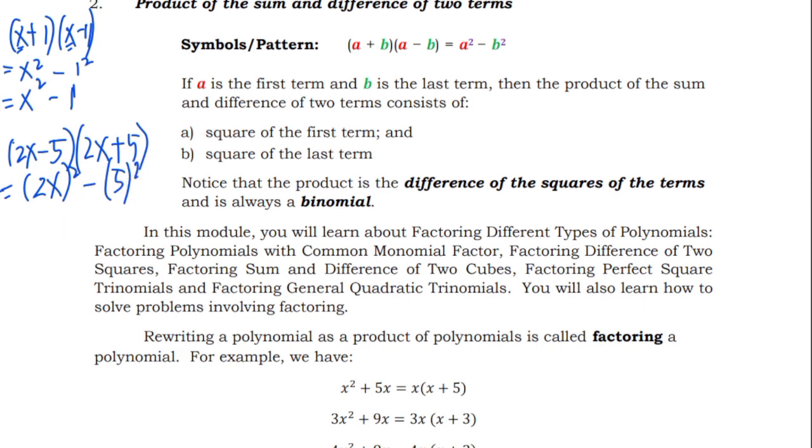So 4x squared minus 25, because the square of 2x is 2x times 2x, and that is 4x squared. The square of 5 is 5 times 5, and that is 25. So then this one is minus. So that is how the given example works for the pattern that we have, quantity a plus b times the quantity a minus b, which is the same as a squared minus b squared.